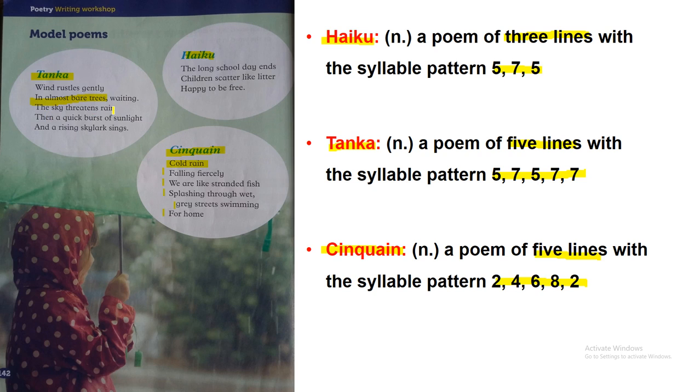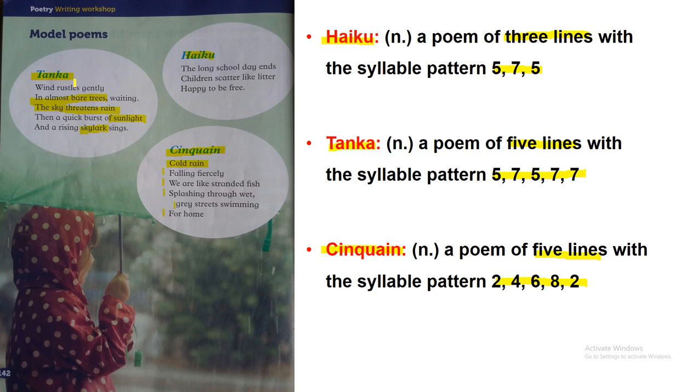Waiting, the sky threatens rain. Maybe we are speaking about winter because we have wind, we have rain. Then a quick burst of sunlight. And a rising skylark sings. Skylark is a bird. The skylark starts singing.